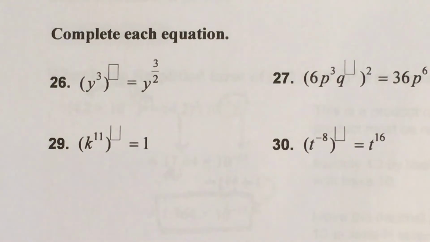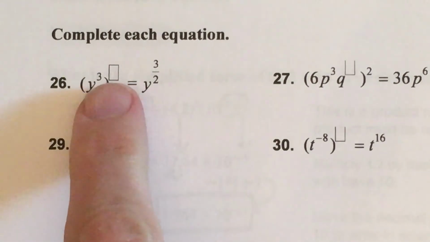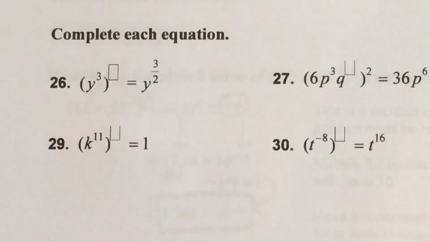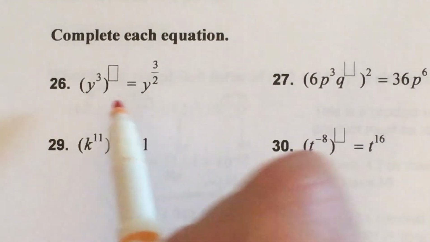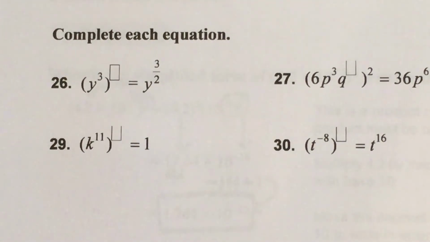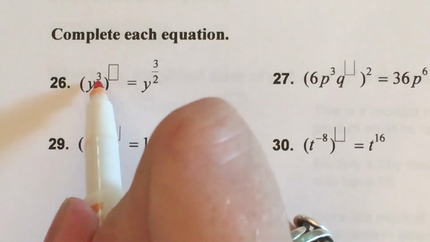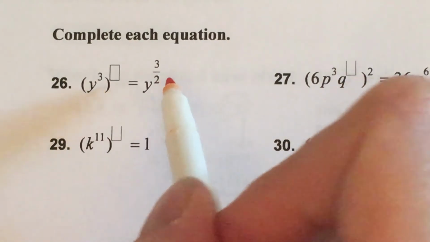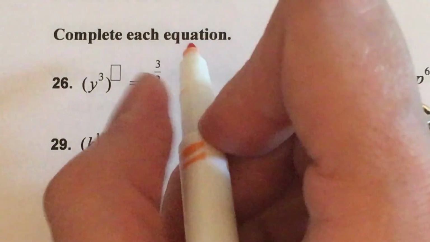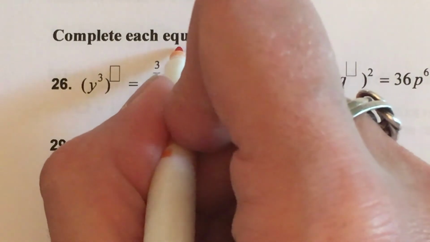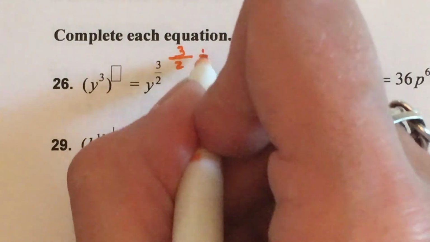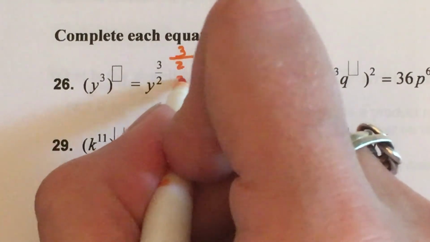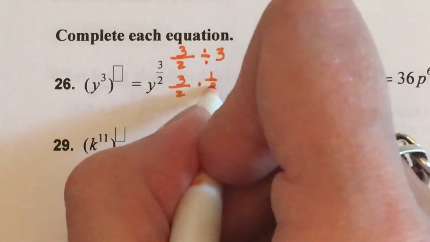Last section for this handout, so exciting. We need to determine what multiplied to create this new exponent. So this is, again, power to a power. So 3 times what will make 3 halves? So another way to do this, if you wanted, is to work it backwards and just say 3 halves divided by 3, which is the same thing as 3 halves times 1/3.